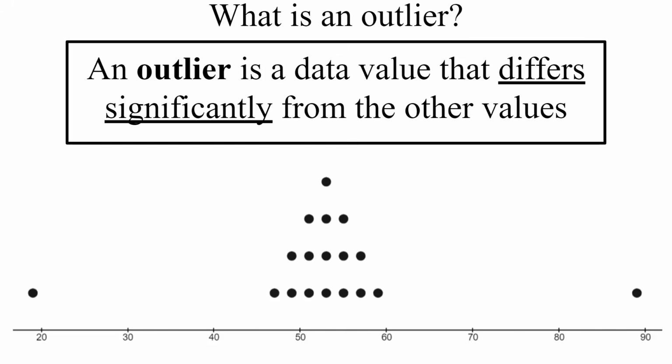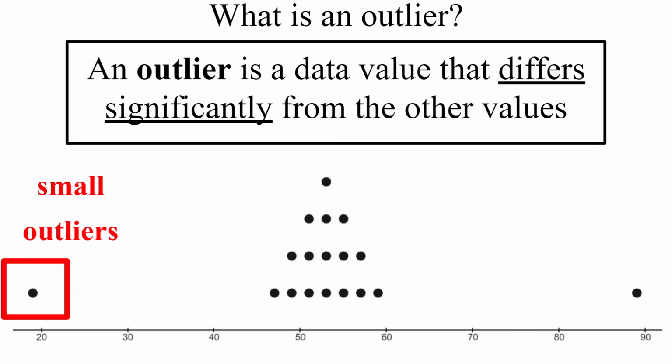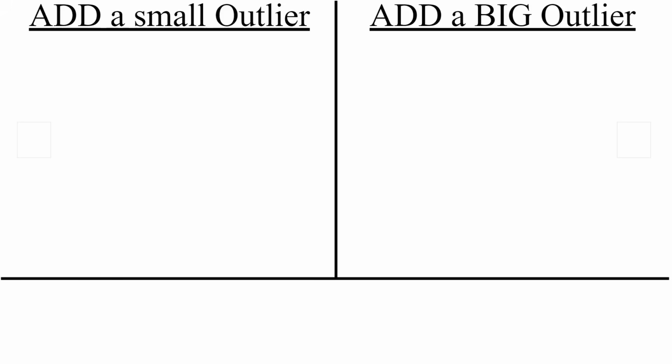Okay, so for the sake of simplicity, I'm going to call these guys small outliers because they're smaller than most of the numbers. And I'm going to call these guys big outliers because they're bigger than most of the numbers. So you'll get questions where they add or remove an outlier.